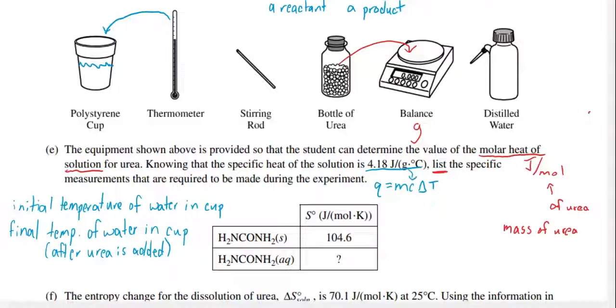But we now need the mass of our solution, which is basically containing water and urea. We can measure that using the balance, but we have this cup here as well, this polystyrene cup. We can't remove that cup. So before we put anything in it, we want to measure the mass of just the cup.